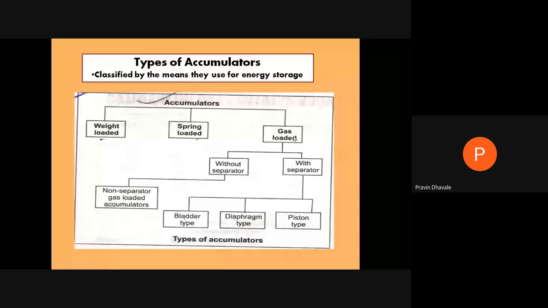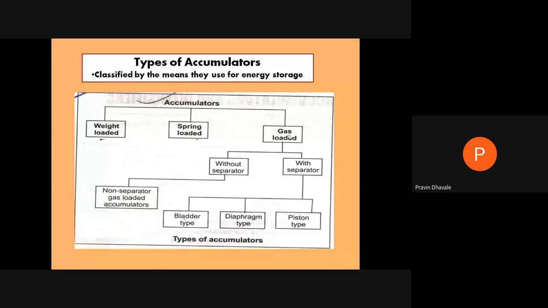So there will be a separation between gas and fluid. Whenever we supply the fluid to the accumulator, the gas gets compressed, right? And because of the compression of the gas, pressure builds up on the fluid supplied to the accumulator. So the third type is the gas loaded accumulator.